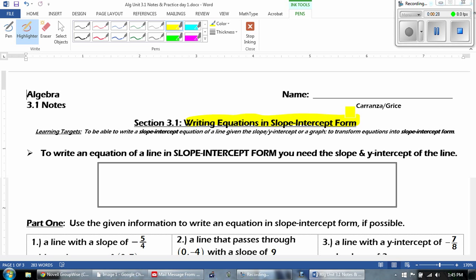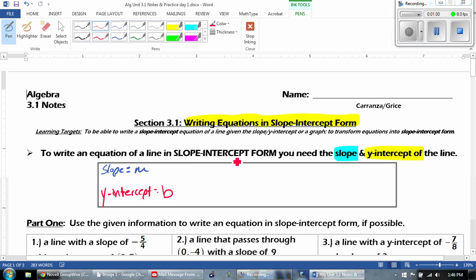To write an equation of a slope-intercept form, you need two things, okay? You need the slope and the y-intercept of the line. So remember that the slope is your movement, and that is the variable m. And then your y-intercept, where it crosses the y-axis, is b.